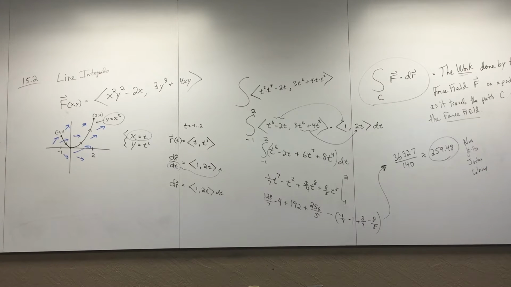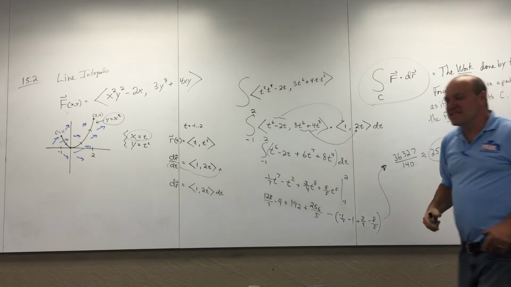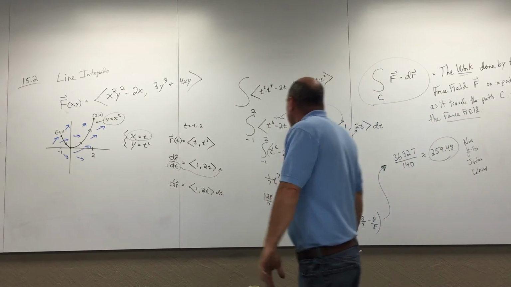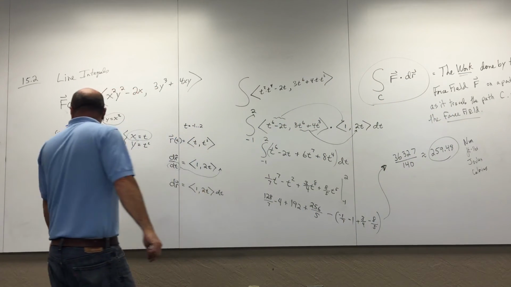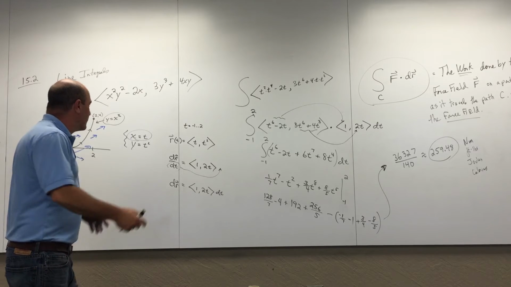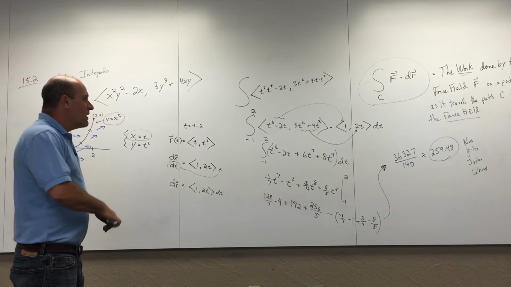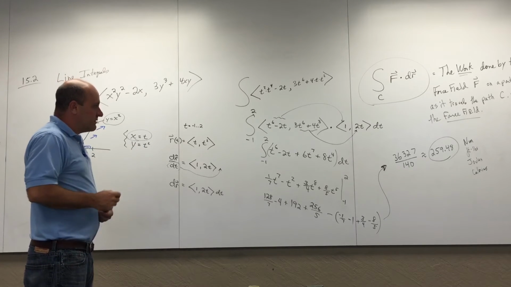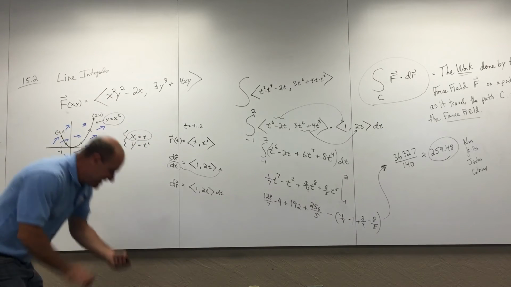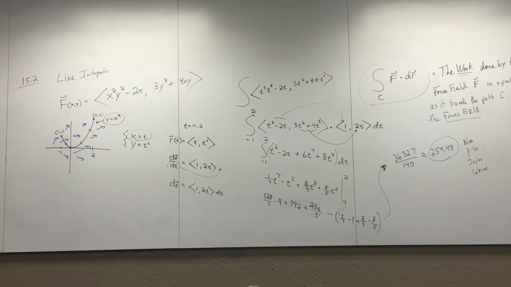So yeah, it's energy or work. And what's a little funny is the way it's worded, and I'm not a physics teacher, I'm a math teacher, so I'm not real comfortable with certain physical things. What was I going to say?